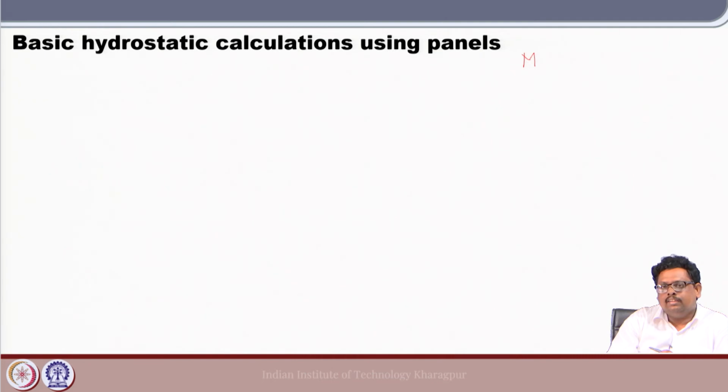To match your mass, you have to have a hydrostatic force a priori, and then you need to check that your m into g should be equal to this hydrostatic force F. How to do that with respect to the panel method is also very easy.